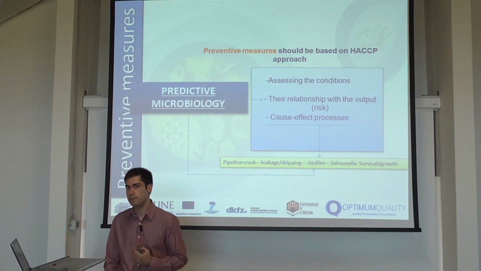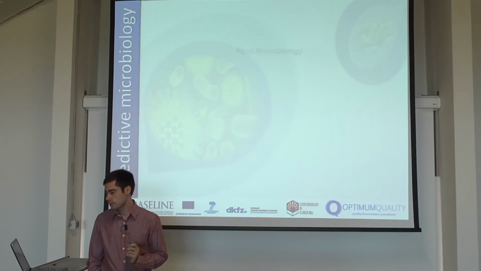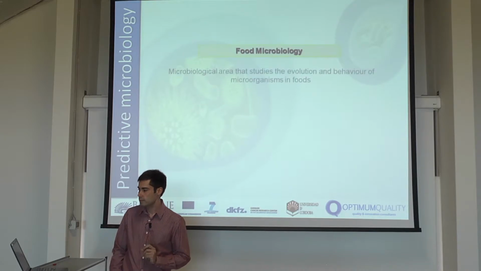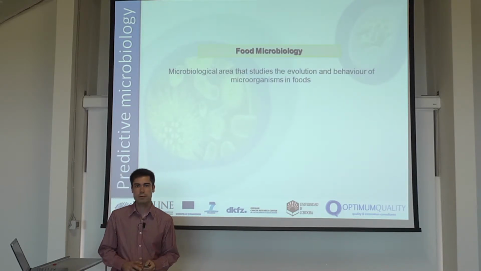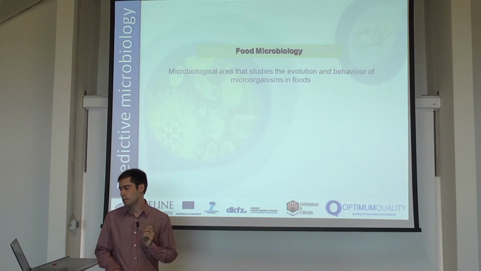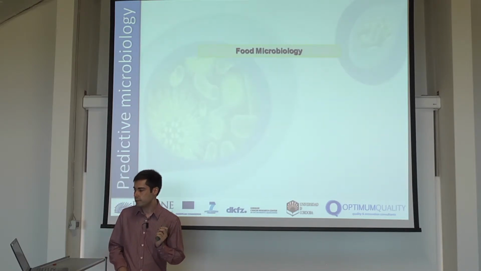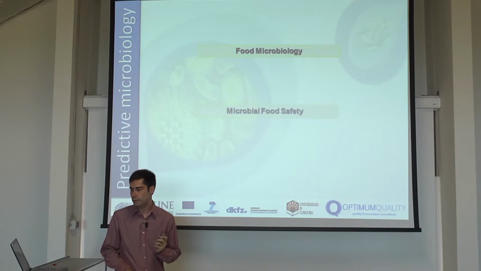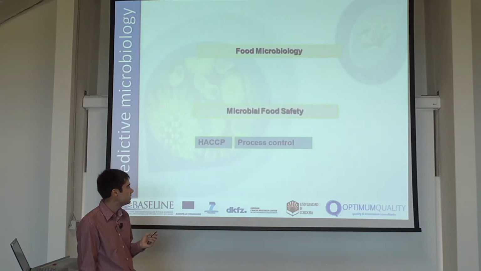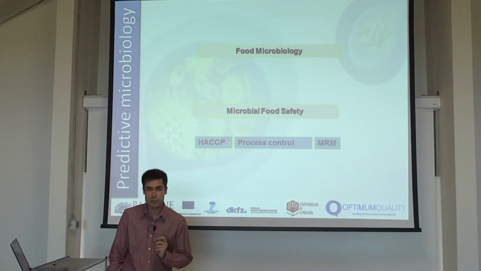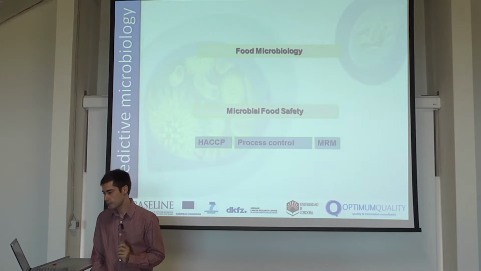But what is predictive microbiology? This is a microbiological area that studies the evolution and behavior of microorganisms in food. It is very well related with food microbiology and microbial food safety, and also with the setting of the HACCP, process control, and also microbiological risk management.